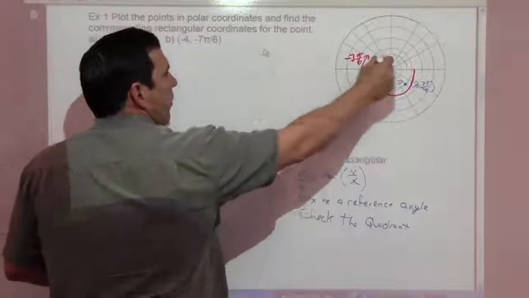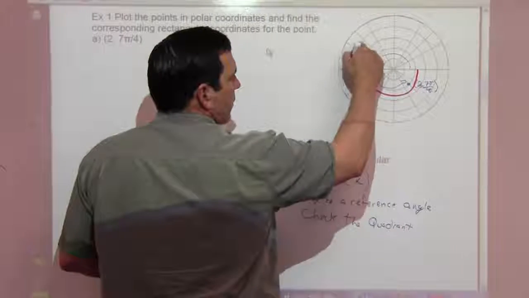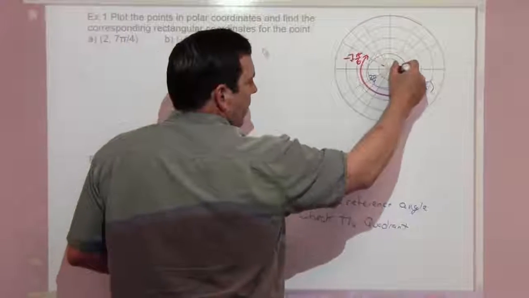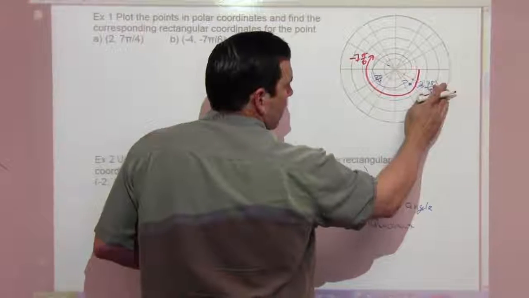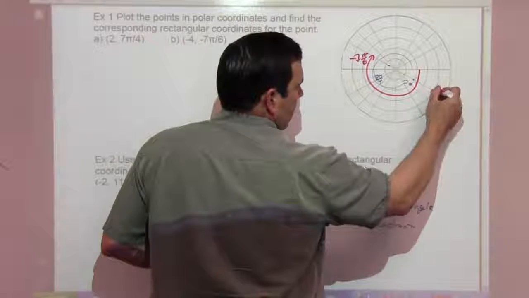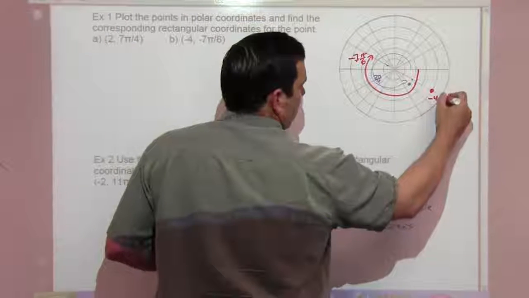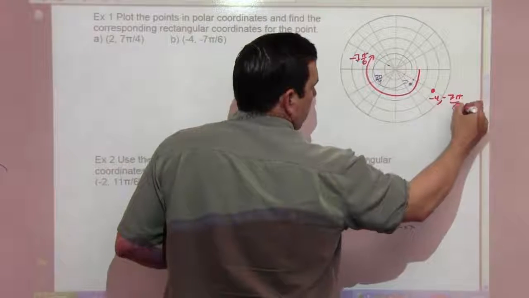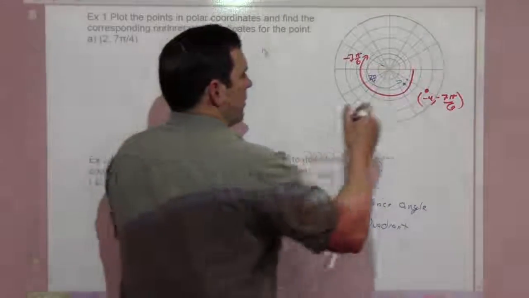And then it's at negative 4, so it's not up here at 4. It's 1, 2, 3, 4. So it's not there. It's going to go back the other way. Negative 4, 1, 2, 3, 4. And let me write the other one down again.